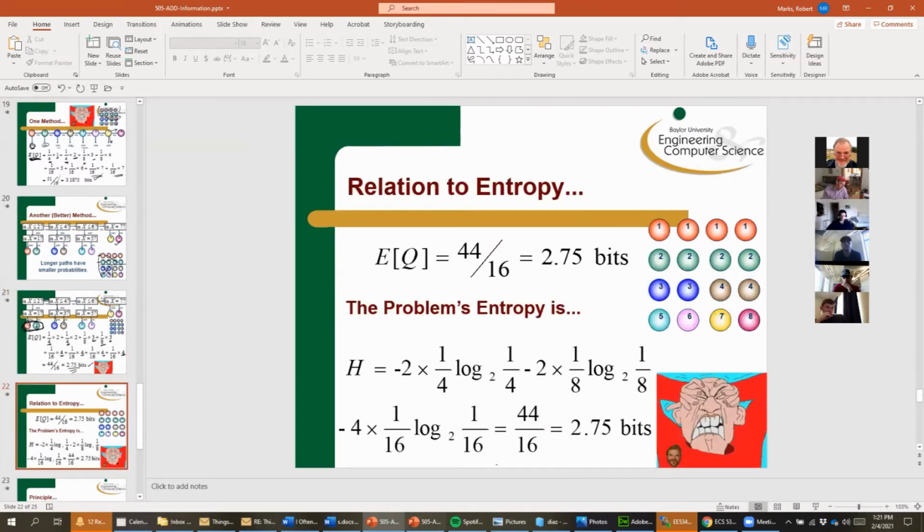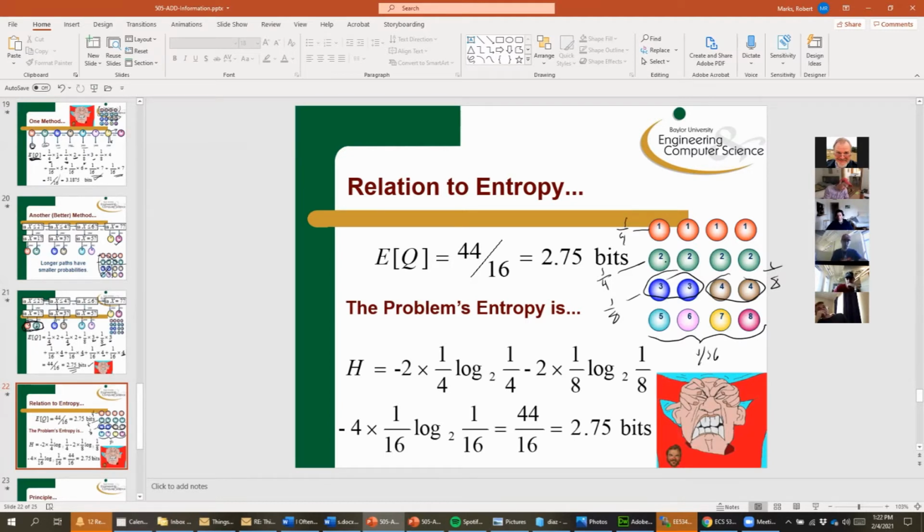Let's go back and look at the entropy of this. We have a probability here equal to 1/4. We have the probability here equal to 1/4. We have the probability that it's a 3 equal to 1/8, etc. The probability of 4 is 1/8. And then each one of these has a probability of 1/16.